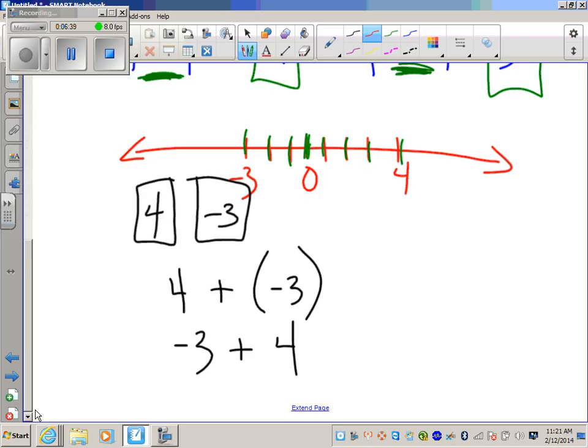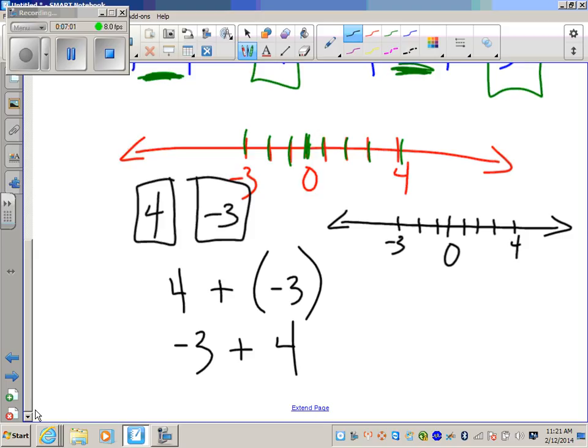Okay? So let's take a look at how we would come about that using the assistance of a very small number line. We talked about number lines before, last week, or earlier this week. Was it earlier this week?